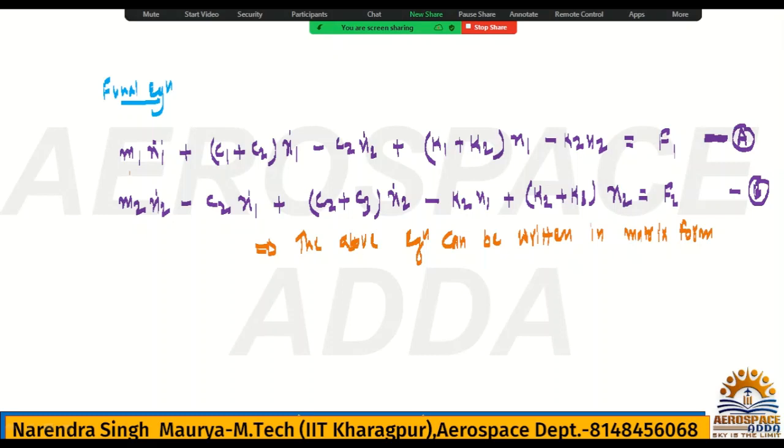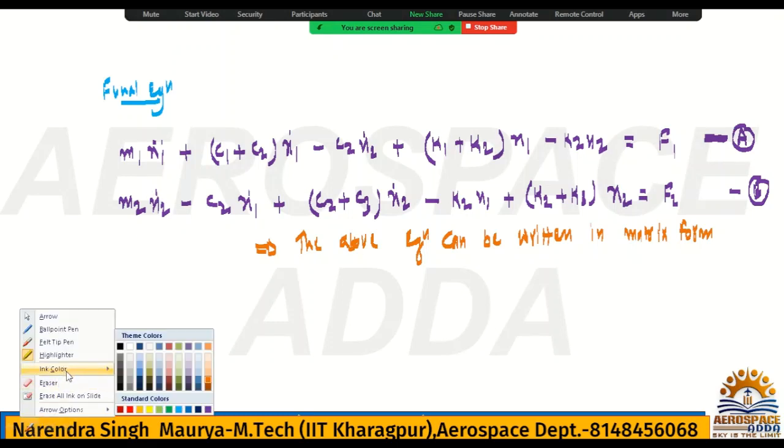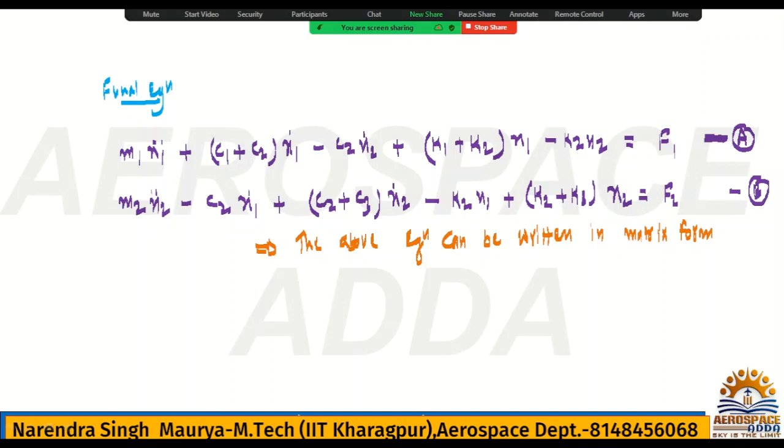Check, this is the mass. For the masses m1 and m2, check x1 double dot, and this is also x2 double dot. Dear, I made a mistake, let me get x2 double dot. c2 x1 dot, c2 plus c3 x2 dot, k2 x1, k2 plus k3 x2. Yes, this one is correct. So check x1 double dot, x2 double dot, what is the mass? m1.